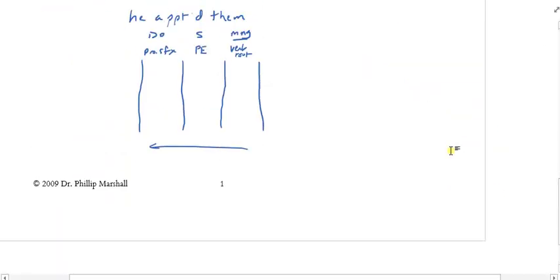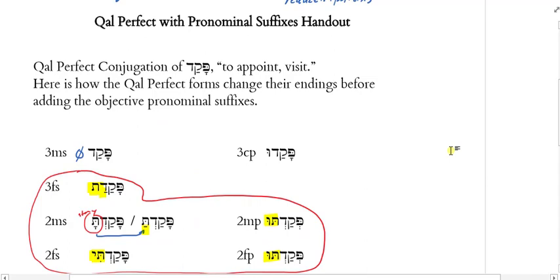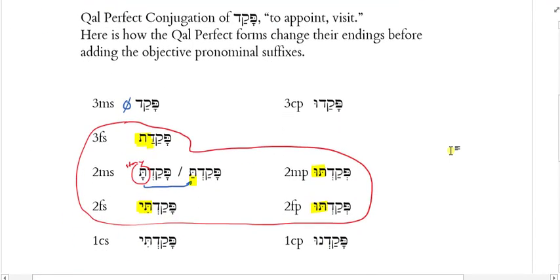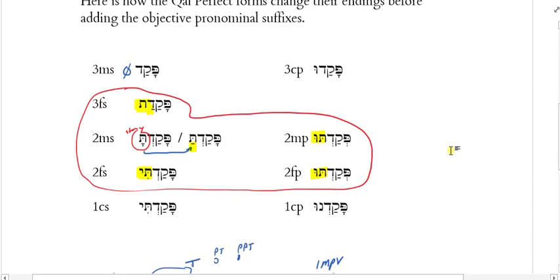yes, the perfect 2FS. So to go back to this handout, if you take a look, there are some modifications to our perfect personal endings before I can add the direct object pronoun suffixes, and it's the 2FS one. Okay? That becomes T. What's it normally? It's normally T with the silent shiva, but T becomes T, and then it looks just like the 1CS personal ending as well. So I actually have 2 possibilities here.